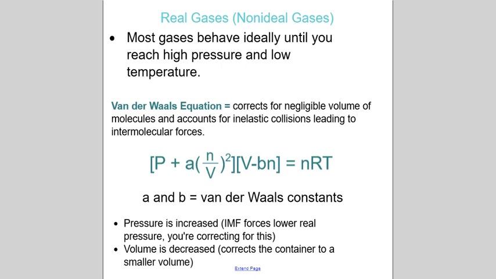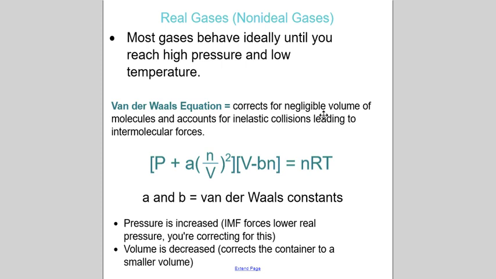If you have high pressures or lower temperatures, well, now you start having attraction forces that start popping out. Some IMF stuff, like we talked about last unit. So van der Waals forces. The van der Waals equation comes in. You don't need to memorize this, but you should know that there's a way to deal with all this and calculate for it.